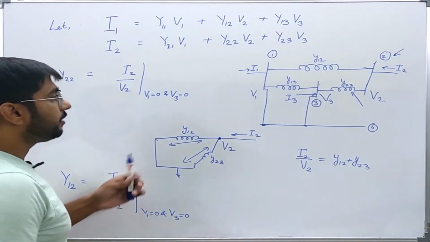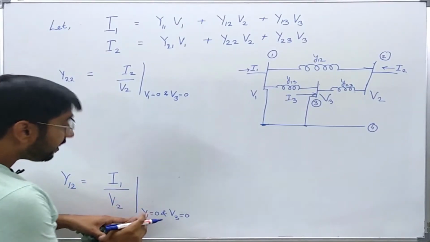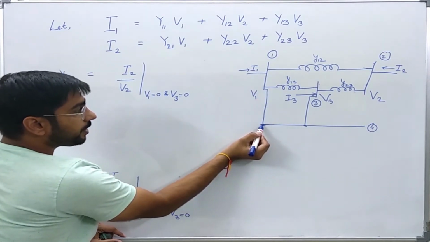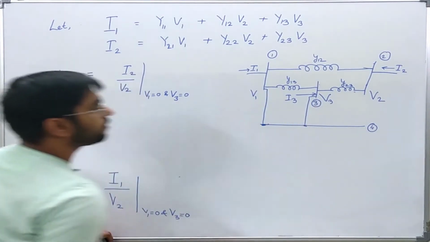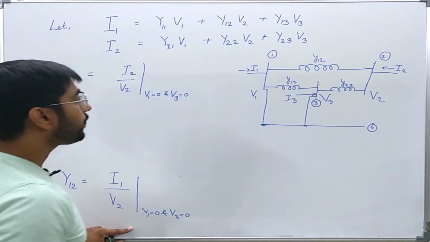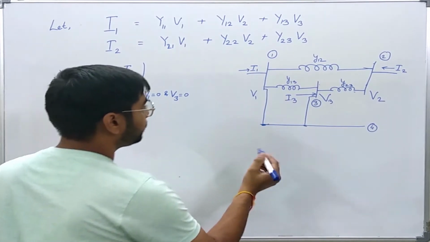Now I will have to redraw this network again. Here V1 is equal to 0, I have shorted it to ground. V3 is equal to 0, I have shorted it to ground. Okay, now I will redraw this given network.